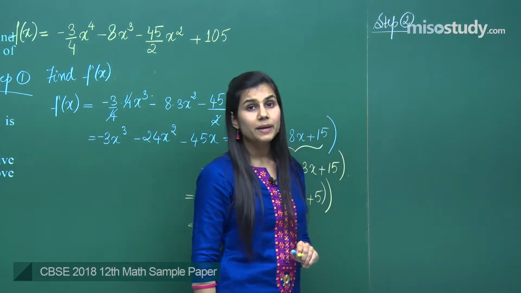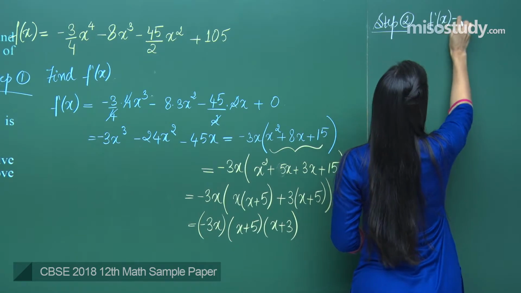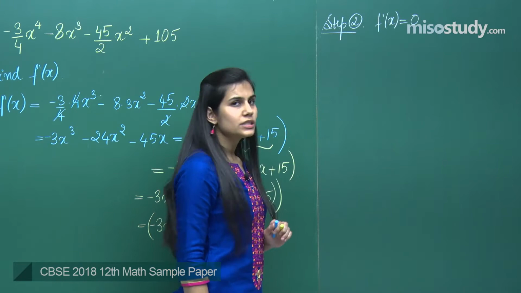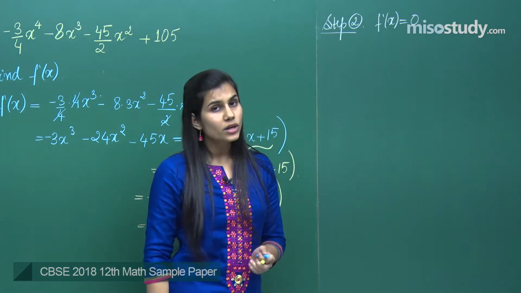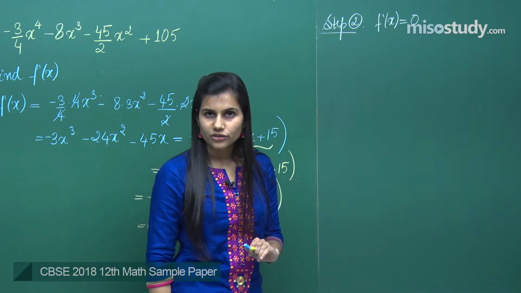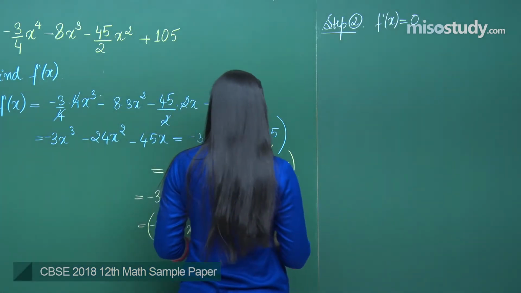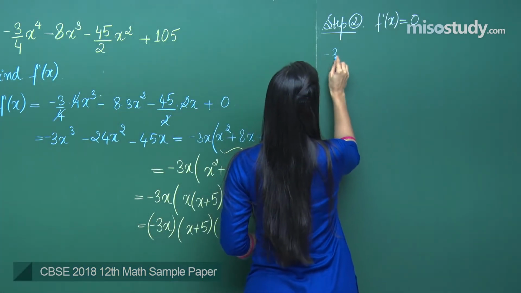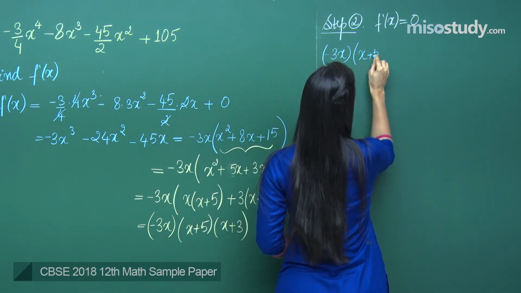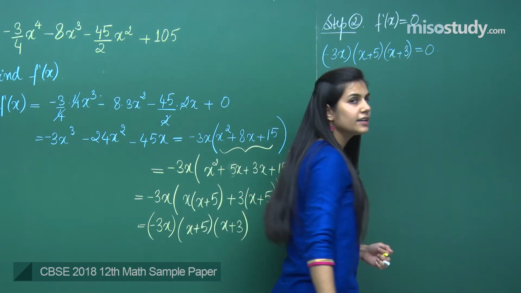The critical points are nothing but the solutions of f dash x equals 0. So let's put f dash x equals 0 and see what values of x we obtain from this equation. So f dash x is 0, that means all this is 0. That means minus 3x multiplied by x plus 5 multiplied by x plus 3 is 0.